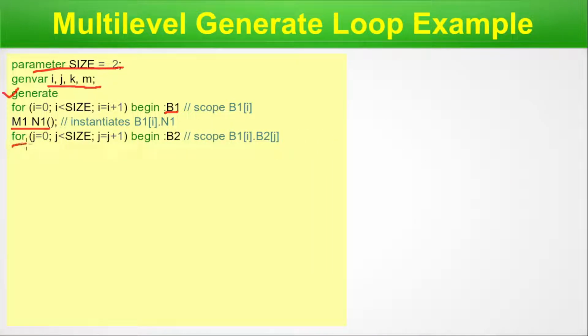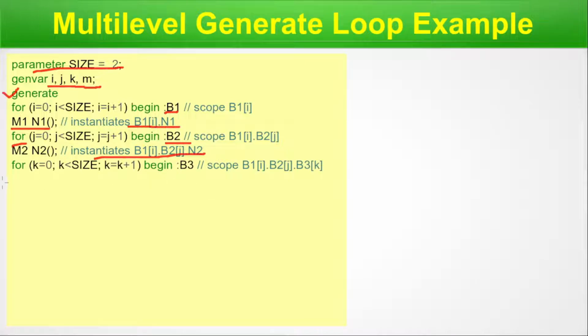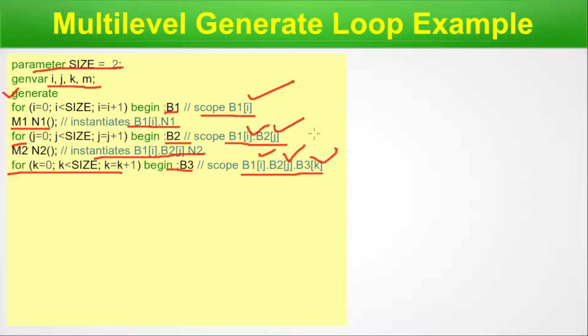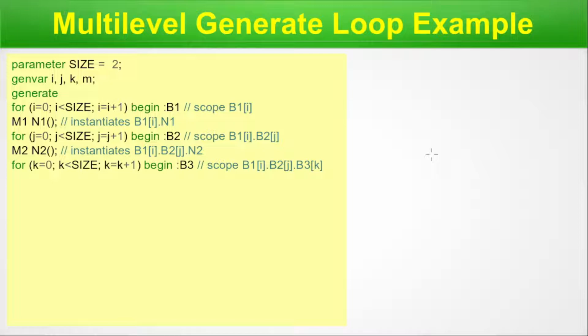Next we have the next for loop which has B2, and here we have the instantiation of this one. Here is the third for loop, and these are nested, right? So you can see the things are proceeding down and down. Here first i, j, and then k. Here it was i only, here it is i and j. So this way you can see the hierarchies go down.